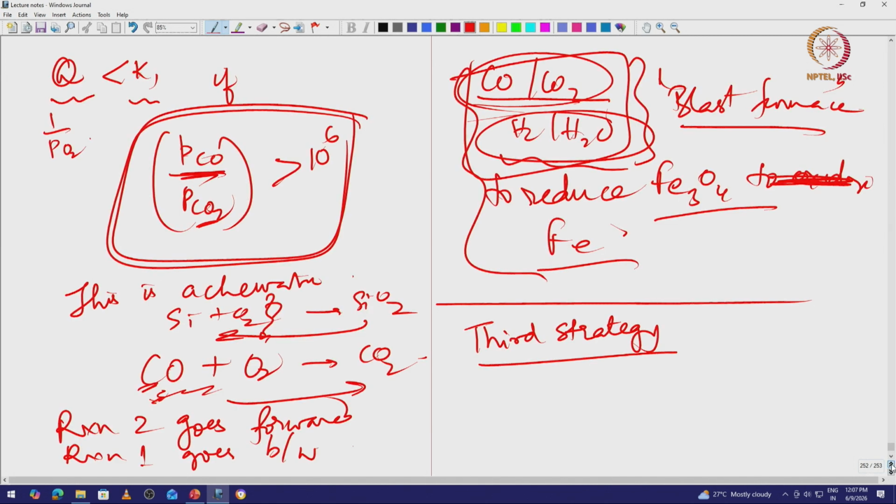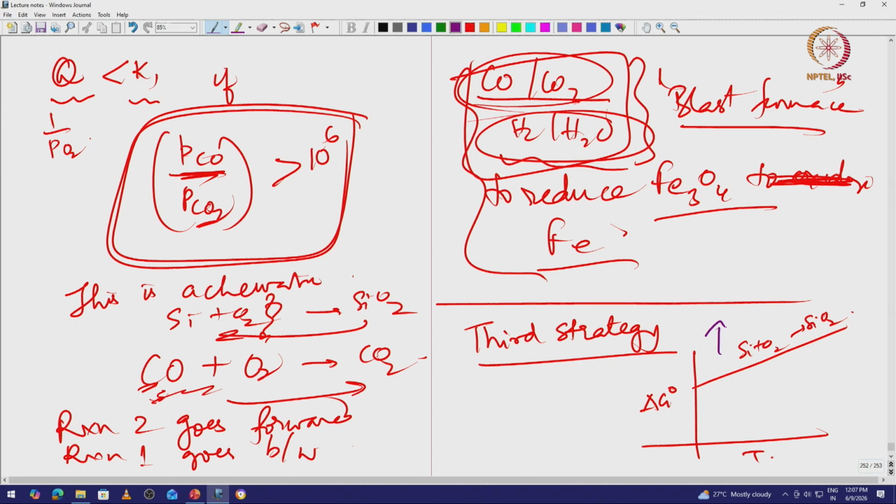This actually comes down to delta G naught versus T. Let us say the delta G naught versus T of silicon is somewhere here. This is silicon plus oxygen gives rise to silicon oxide, which means above this we are in an oxidation regime.